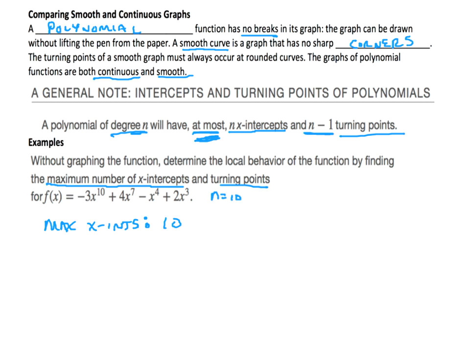It just can't have any more than 10. And it has turning points, also called points of inflection, n minus 1, which is 10 minus 1 in this case, or 9, at most. It does not have to have 9, but it can't have more than 9 turning points, being a 10th degree polynomial.